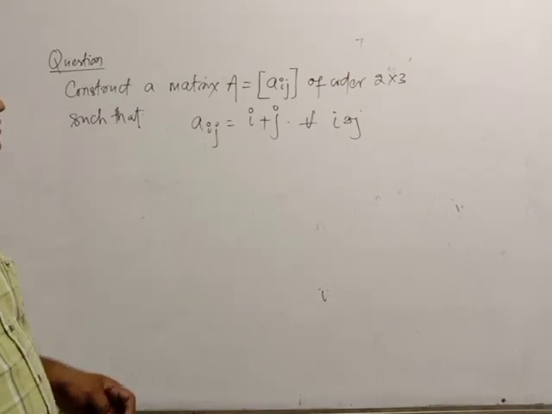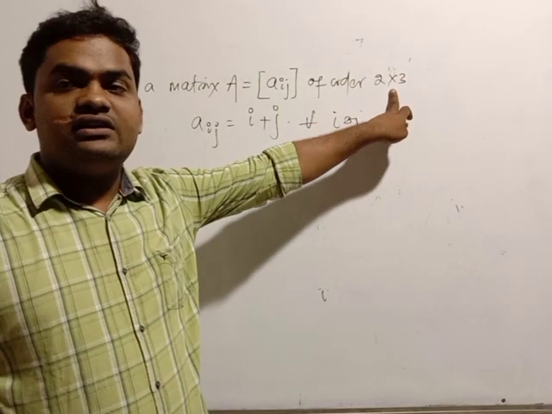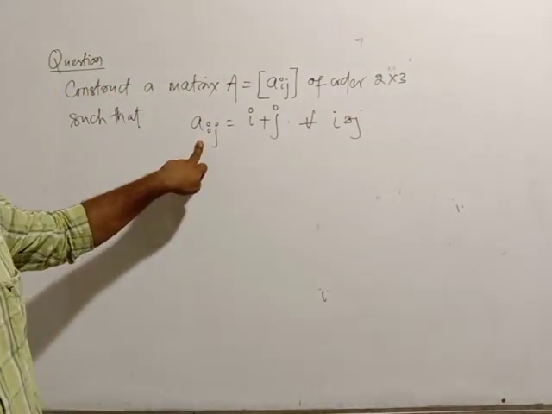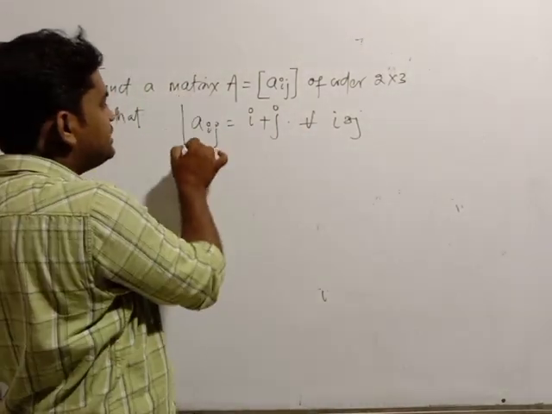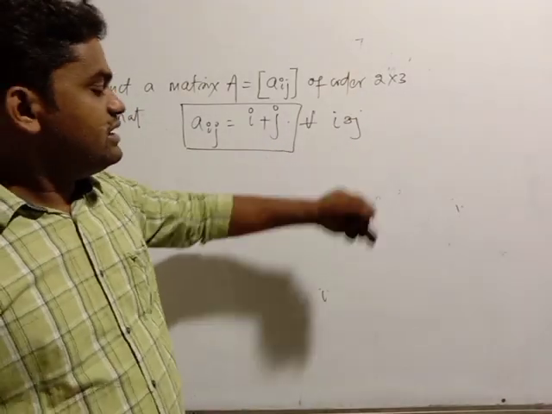That means we have to write a matrix of order 2 by 3 whose elements are given by this formula for all i and j.